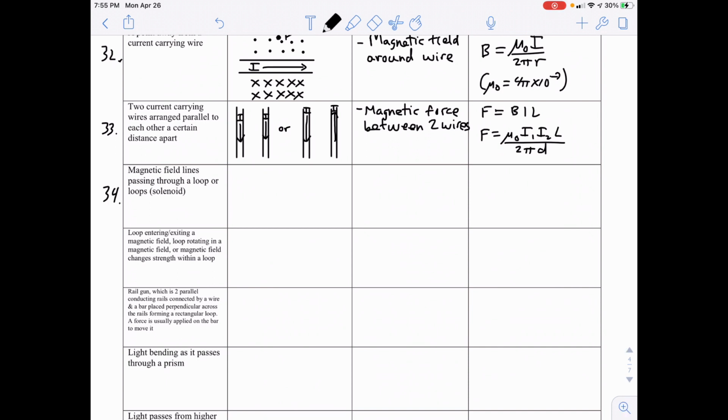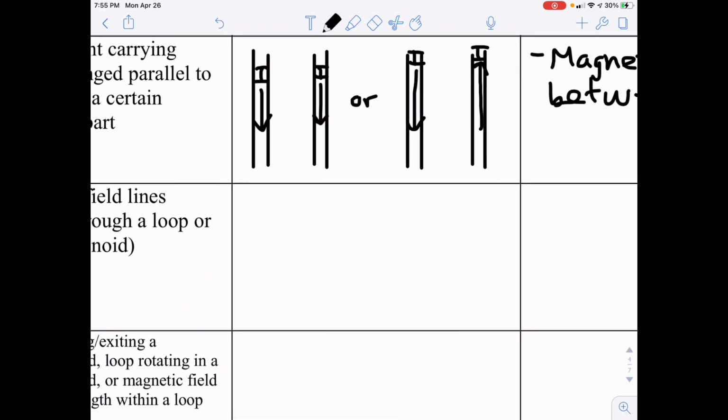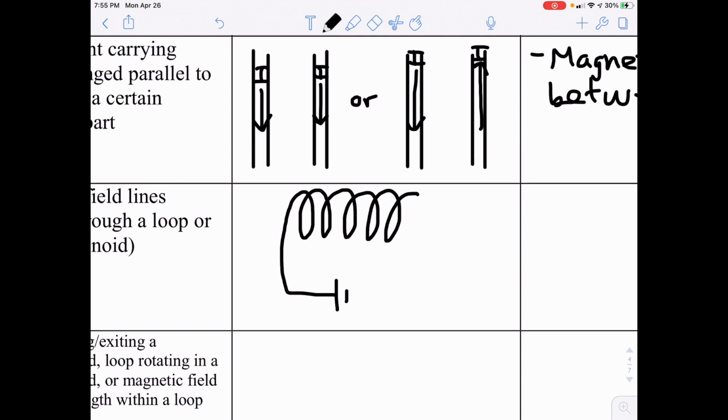In question 34, we have magnetic field lines passing through a loop or a solenoid. Okay, so let's draw a solenoid. Let's say we had a battery hooked up like this, and it makes that shape.